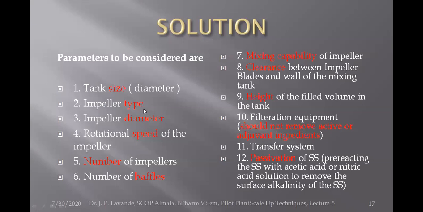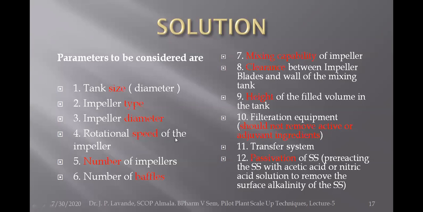Whether it is curved. If it is curved, what is the dimension, the length, the breadth? That is the type. Impeller diameter: how much it should be based on the size of the tank should be determined and selected.